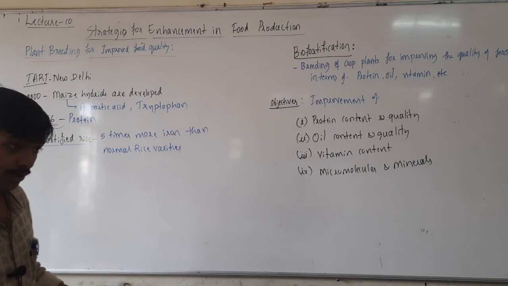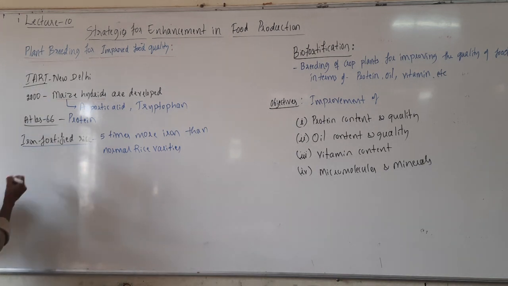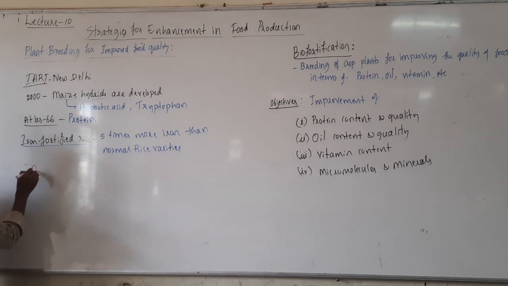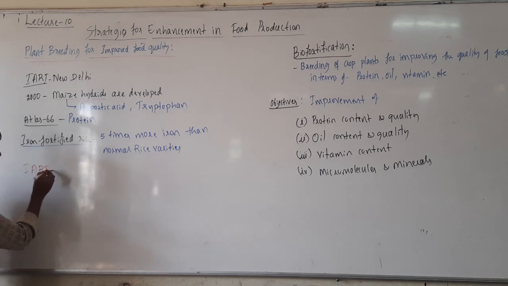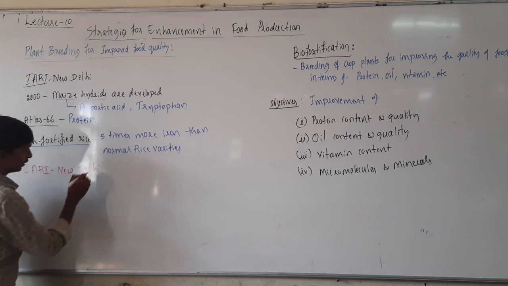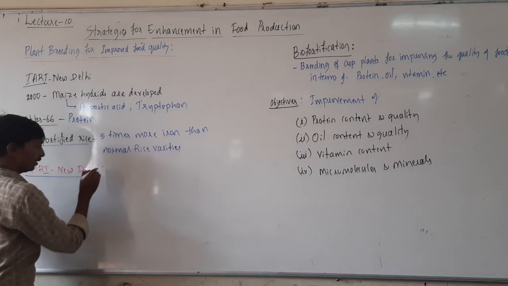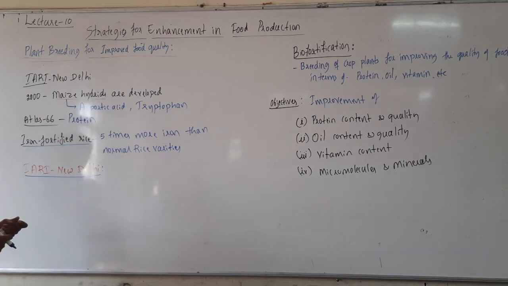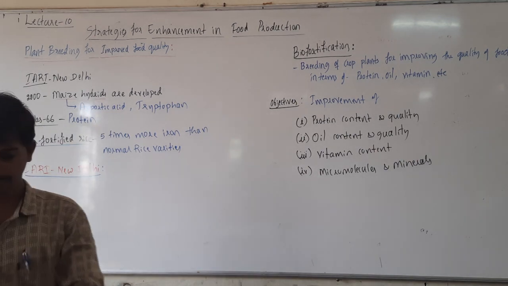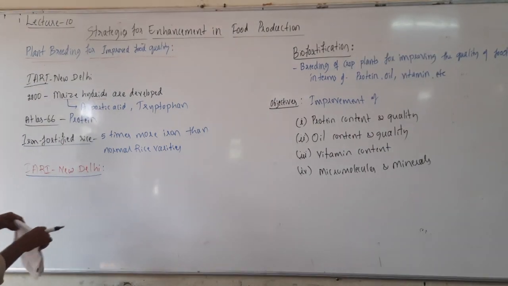Okay, and students, you have a small homework. At IARI, New Delhi, there are four categories of crops developed for improving some biomolecules. I will write down the molecular content, and you have to write the crops.